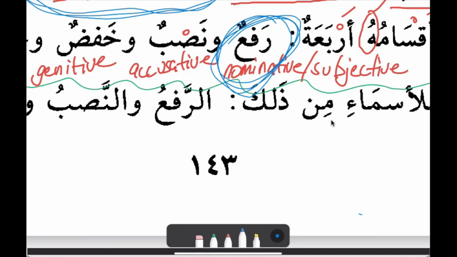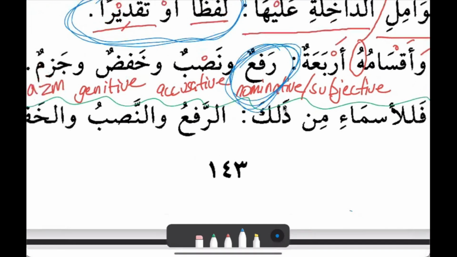But the most immediate thing for you to recognize the importance and priority of rafa' from amongst the categories of i'rab is that it's for the subject of the sentence. It's for other things also.